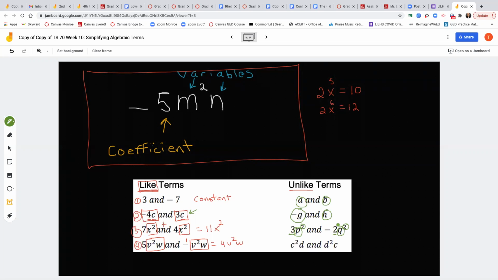So hopefully you're starting to gather the idea, and we're going to review this on the next pages. c squared d and d squared c, those are not like terms because the c is squared here. Even though they both have a d and a c, only the c squared is c squared here, but it's the d squared here. So they're different. They're considered unlike terms. So that's a little bit about like and unlike.